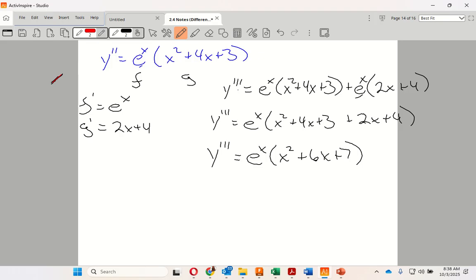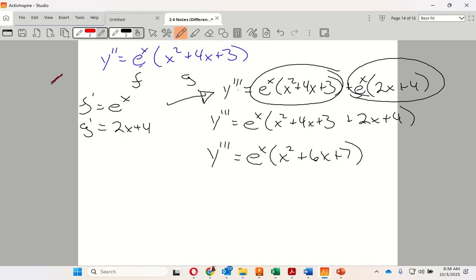Now, you notice I clean up my problem every time so I can go back through and do this. Now, if I would have left it in distributive form, if I would have left it right here, what's happening right here? There's a product happening right there, and there is a product happening right there. So I don't want to go through and do all that. I don't want to have to do my product rule twice.